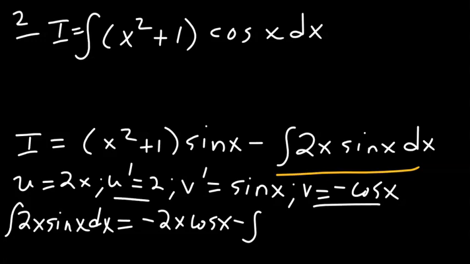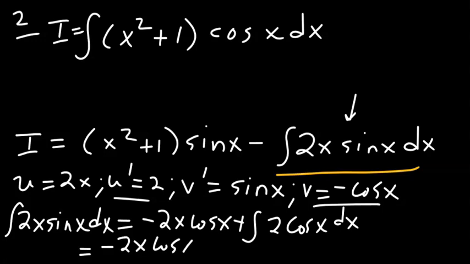So u prime is 2, v is minus cosine x, so that will make this sign a plus, cosine x dx. And the answer for this integral alone is just minus 2x cosine x plus 2 sine x. Let's hold the integration constant for now.